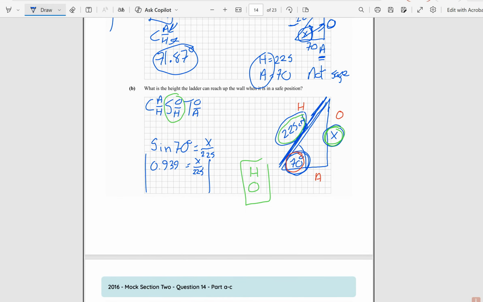We're going to have to multiply this side by 225 to get rid of it. We'll have to do the same with the other side. We'll be left with x equals 0.936 multiplied by 225, and we will get 211.275.